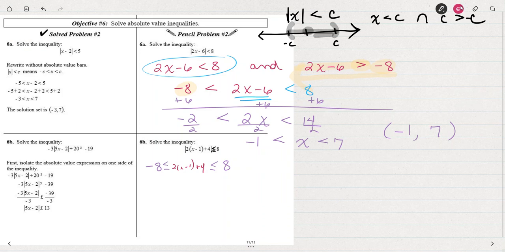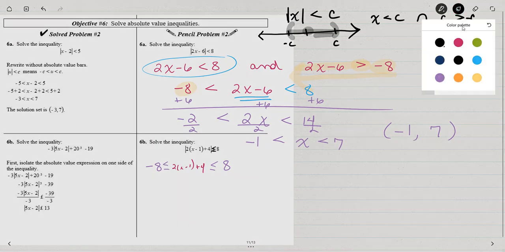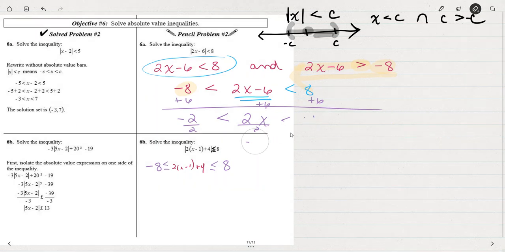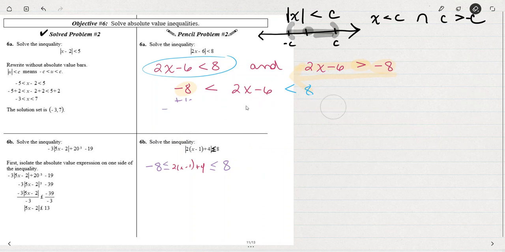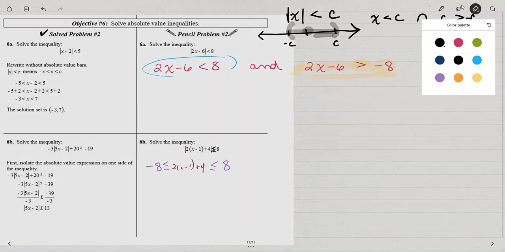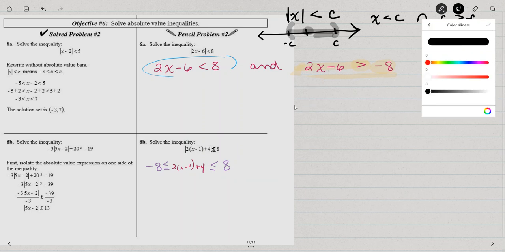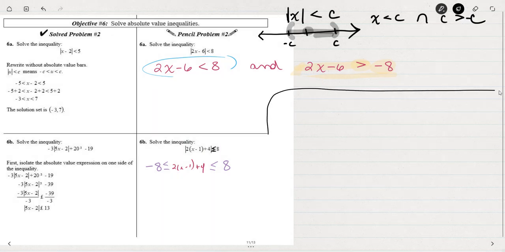If I simplify that, I'm going to erase some of this other part. You could always pause or rewind to go back to that. But so that we have plenty of room to show this, we've got negative 8 less than or equal to 2x minus 2 plus 4 less than or equal to 8.